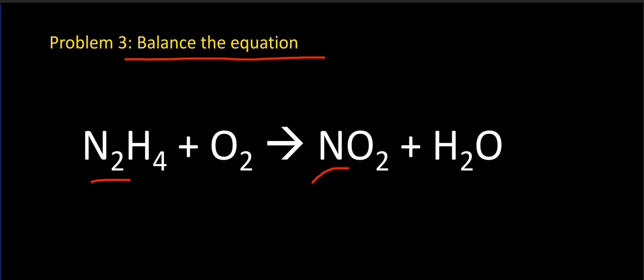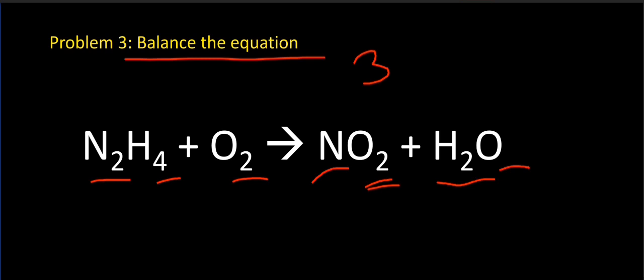We have 4 hydrogen atoms here, but 2 hydrogen atoms here. We have 2 oxygen atoms here, and on this side, the product side, we have 2 plus 1, 3 oxygen atoms. That means none of the atoms are equal on each side. We have to balance all of them.